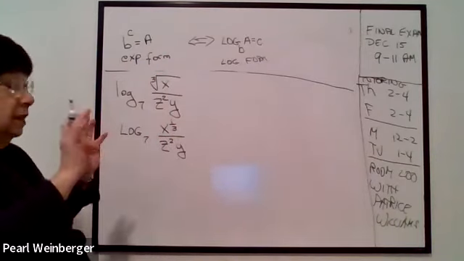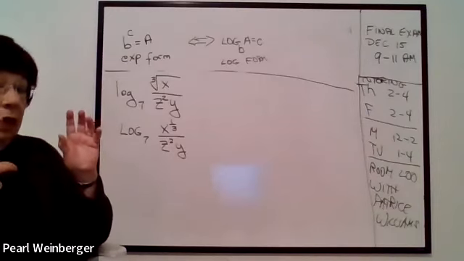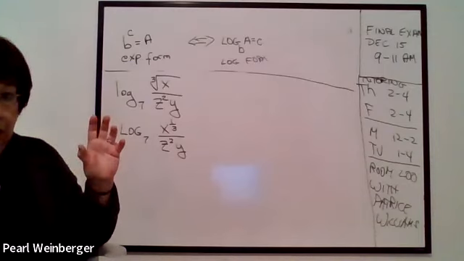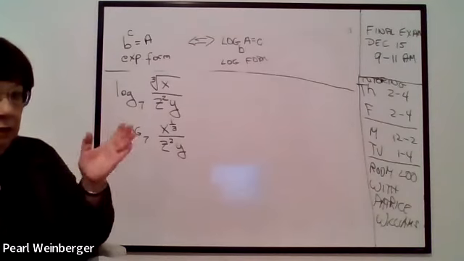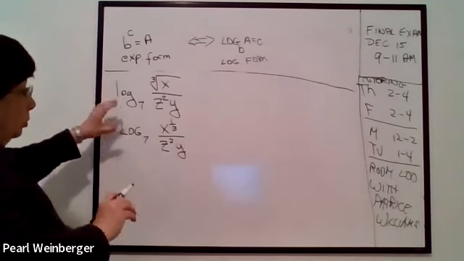Okay. Now I have everything set up so I can start working with it. I have everything written in terms of letters and exponents. Now, remember what I told you to do.